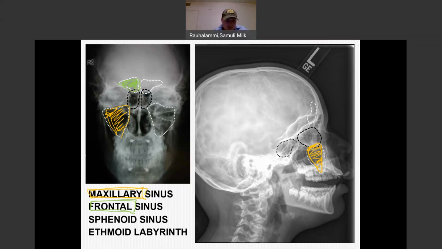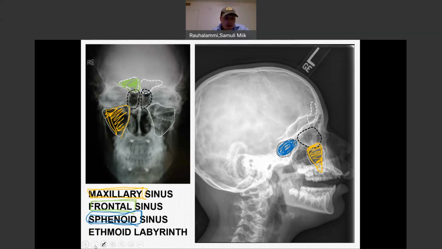We might also highlight our sphenoid sinus. So sphenoid sinus is not really visible on this first picture, but further down here, kind of showing nicely on a lateral view, deeper within the skull, within the sphenoid bone.